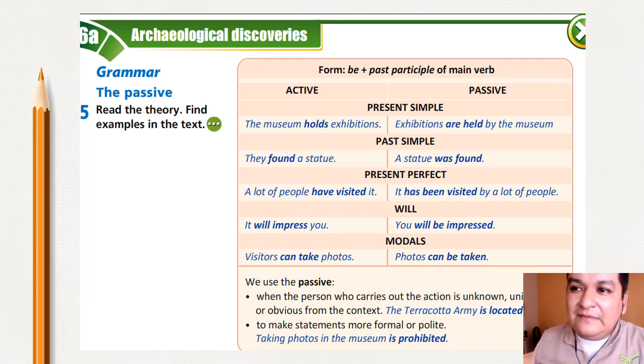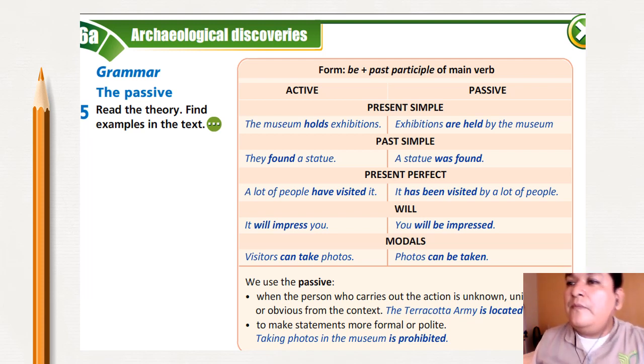Veamos. La voz activa es donde tenemos al sujeto, el verbo y el complemento del verbo. The museum holds exhibitions, que sería el museo presenta o realiza exhibiciones. The museum holds exhibitions, or exhibitions are held by the museum.